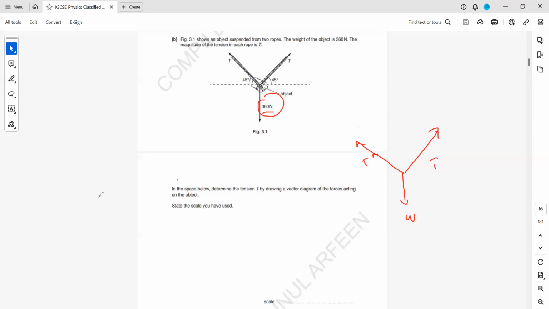If we draw a vector diagram, we draw the first tension T, then the second tension, which is also T, and join from the tail of the first to the head of the last. That will be the resultant, and this resultant is equal to W. So the vector sum of the two tensions is equal to W. If W is 360 newtons, then this is also 360 newtons.